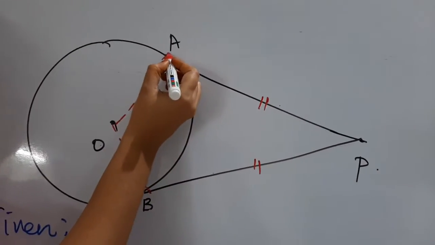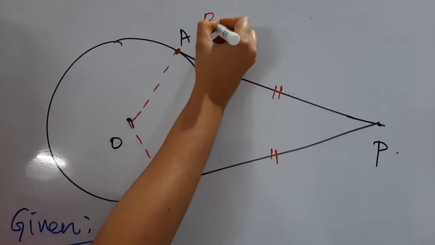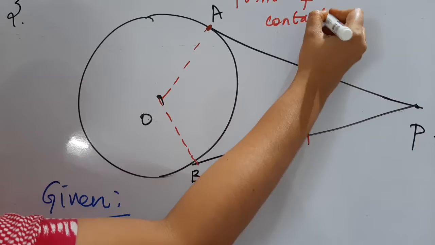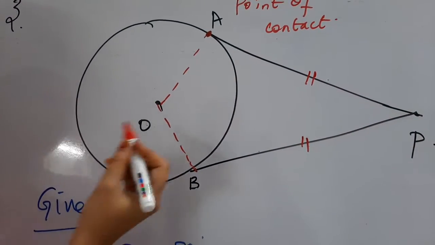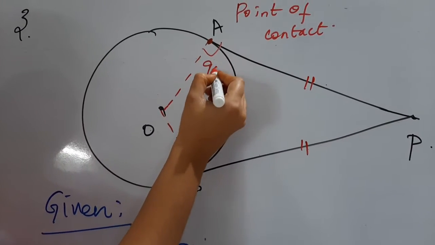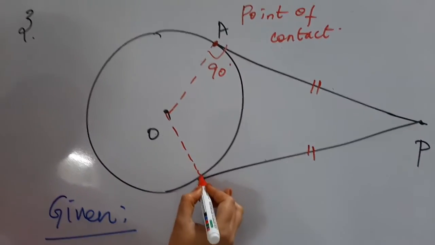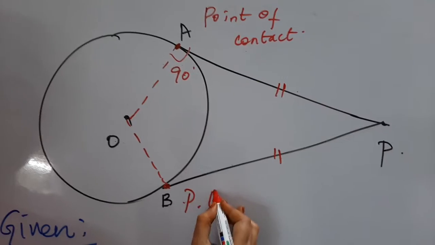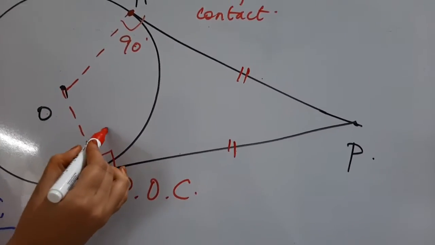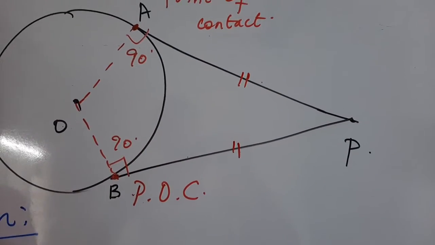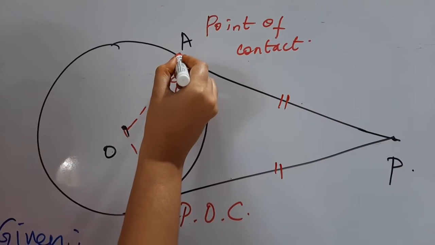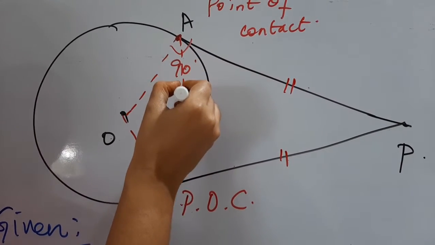What is the point A called? Point A is the point of contact. Therefore, the angle made here with the tangent and the radius is 90 degrees. The same way point B is also a point of contact. Here also the angle made is 90 degrees.